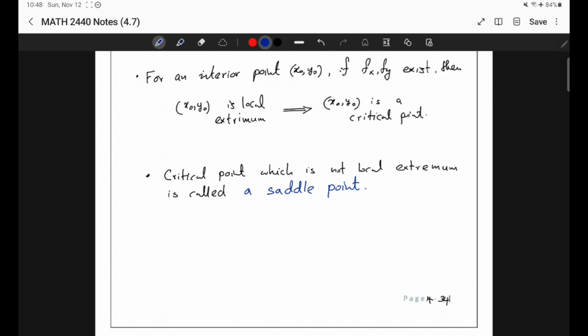Now, as the name suggests, saddle, think about the saddle of a horse. So the picture will be something like this. So let's say this is the x direction. From x direction, you see there is a minimum at this place. From the y direction, it has a maximum.